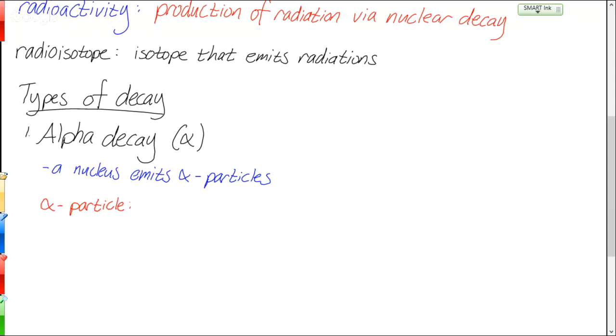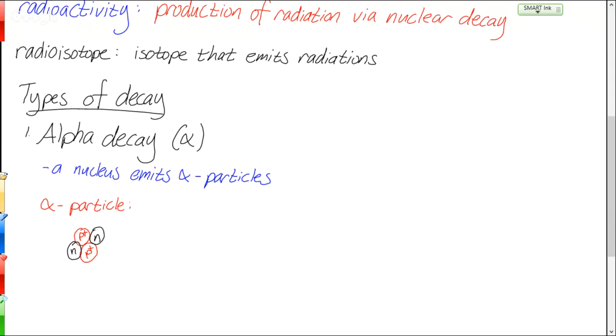An alpha particle has 2 protons and 2 neutrons, which means it's charged, because each proton has a positive charge, and it doesn't have any electrons.